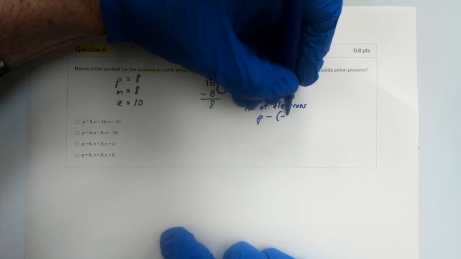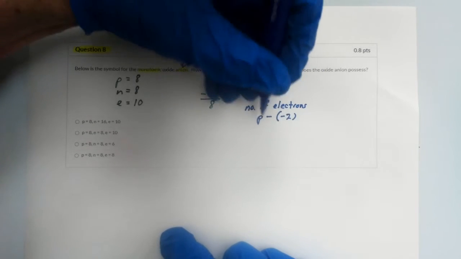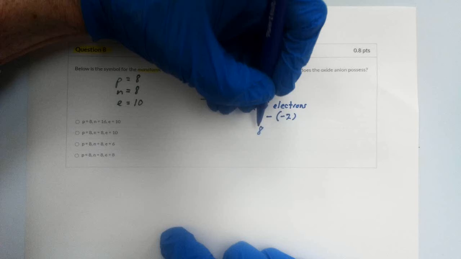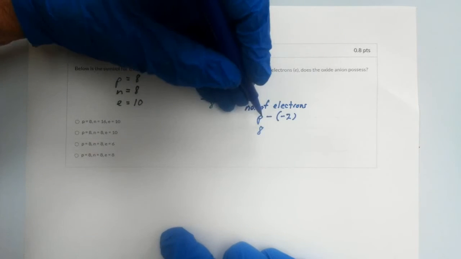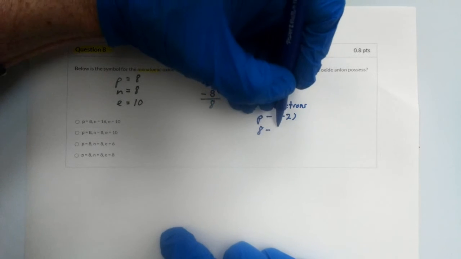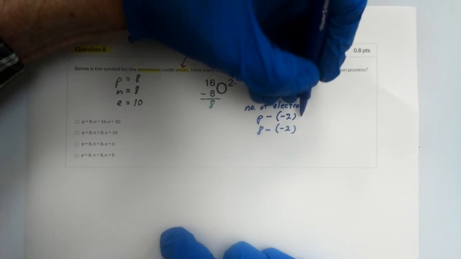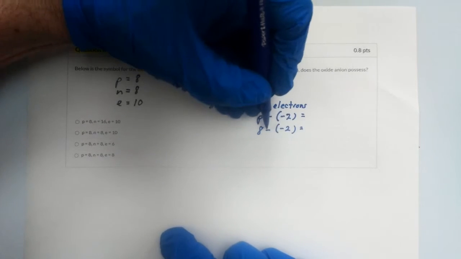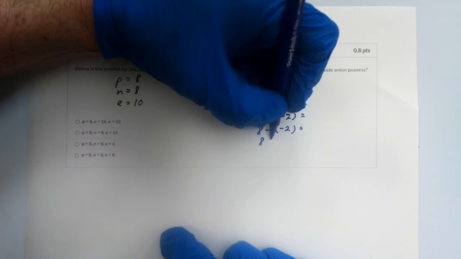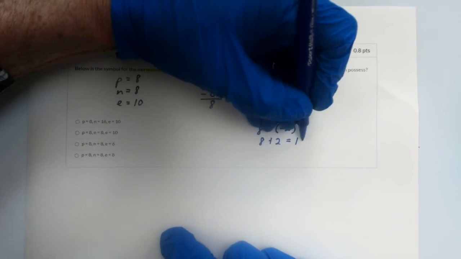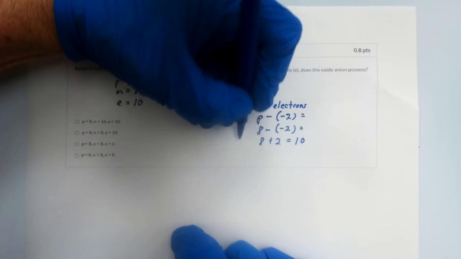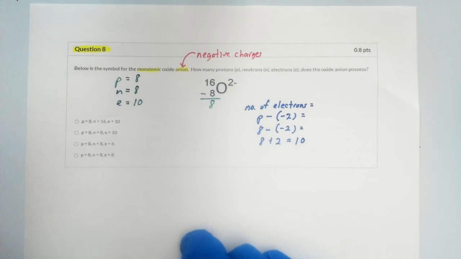So in this case, we have 8 protons, and we're going to subtract away the charge. What's 8 minus negative 2? It's the same as saying 8 plus 2. So there's our answer. The number of electrons is equal to 10.